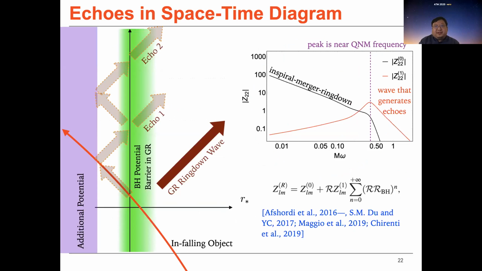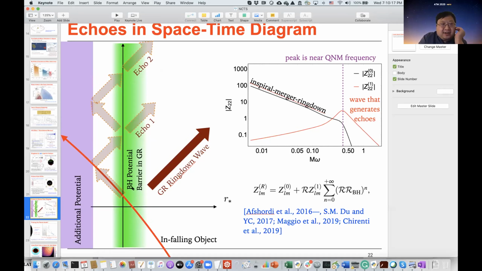One way to think about this is the space-time diagram, where this red line is a particle that falls down the black hole, and together with the particle, it carries a gravitational wave packet. The particle triggers a packet of gravitational waves right outside the black hole on the photosphere that circles the photosphere, and that will give you the ring down wave.